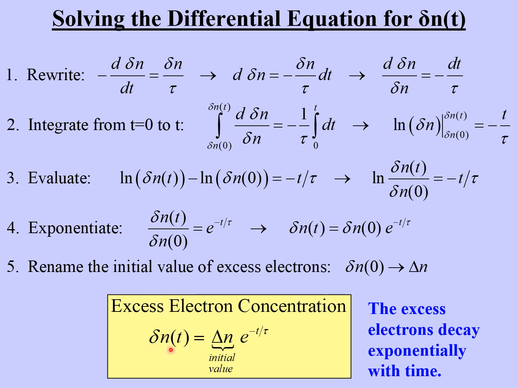The excess electron concentration, delta n, as a function of time, is equal to uppercase delta n, which is the initial value, how many excess electrons we start with at time 0, multiplied by this decaying exponential function, e to the minus t over tau. So all this means is that the excess electron concentration is going to decay exponentially with time.